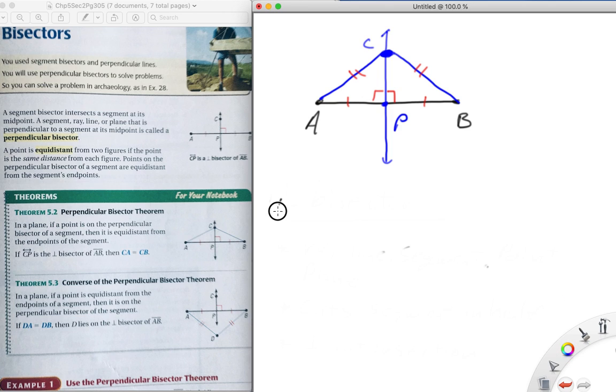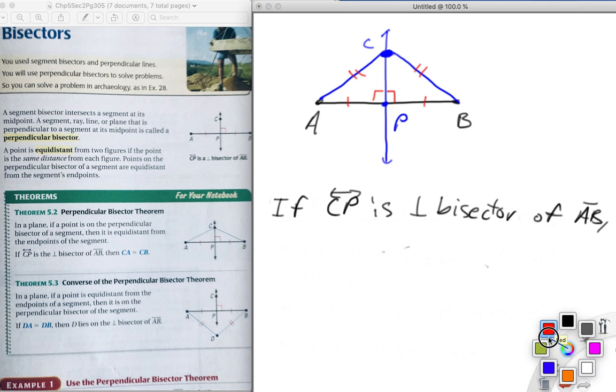So if I have a line CP and it's the perpendicular bisector of AB, then I can say that any point on that perpendicular bisector will be equidistant from the endpoints.